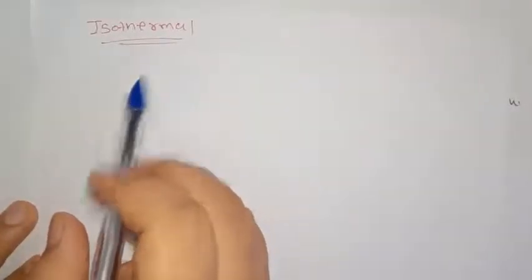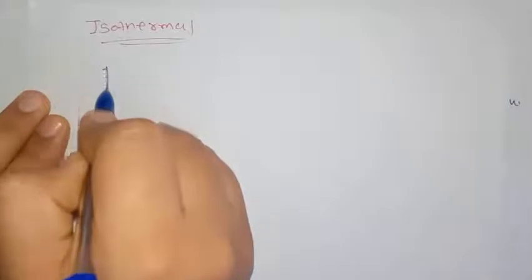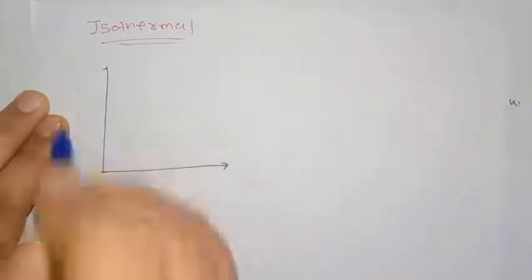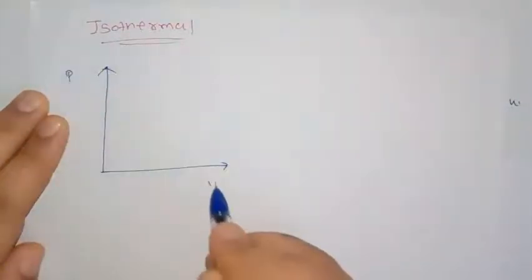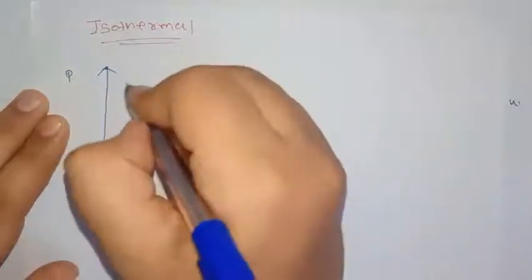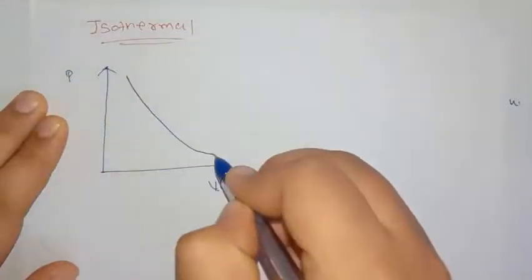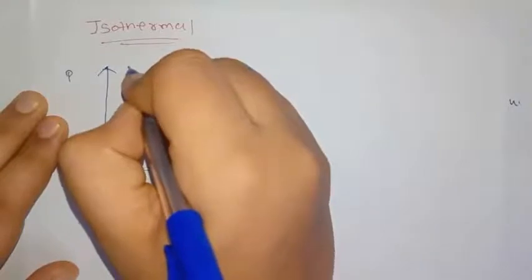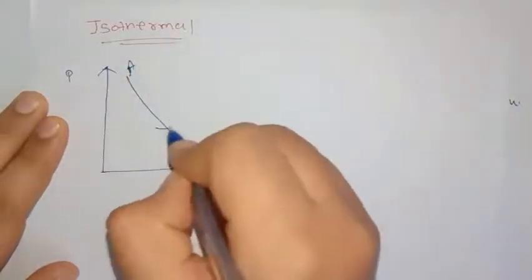The different graphs for isothermal process can be drawn like this. For the PV diagram, the isothermal process is denoted by this curve.